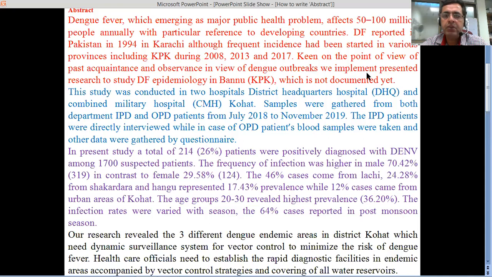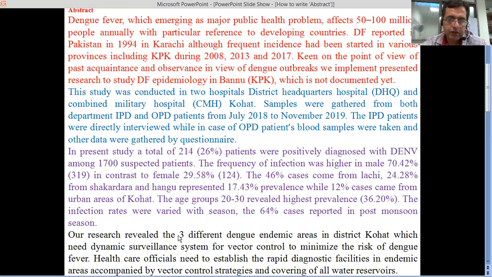The methods can be connected with the rationale or the aim of the study that you are going to describe. You can write it combinatorially. Then after the methods that you have used, you give your results here, and after the results section, you would describe the conclusion that you draw.